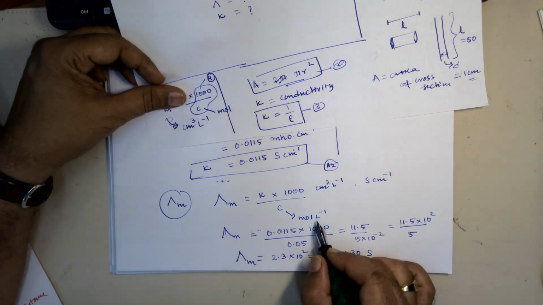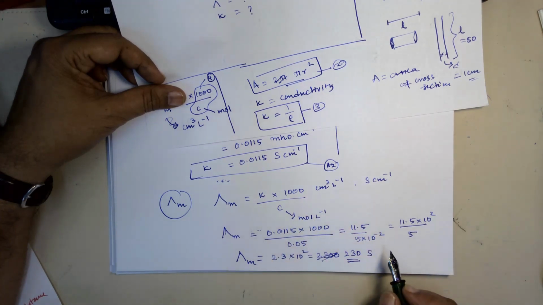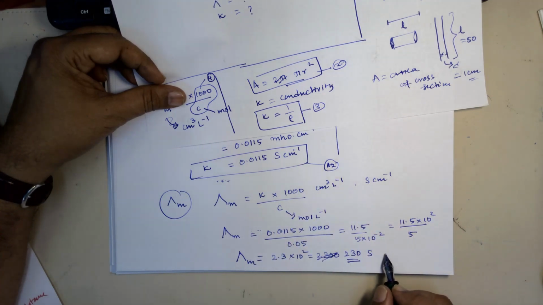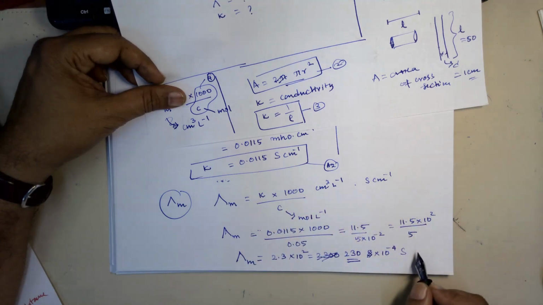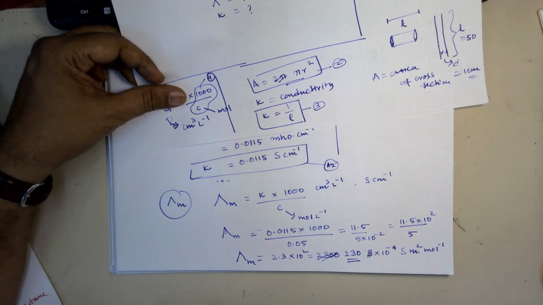And we have converted this into 1000, that is a mole per liter, and that's why we have introduced this factor. So when you convert, I think I already gave you the conversion factor. So 10 power minus 4. So you have to put like this, into 10 power minus 4. And then Siemens, then if it is converted, centimeter squared means meter squared. And then per mole. Okay.